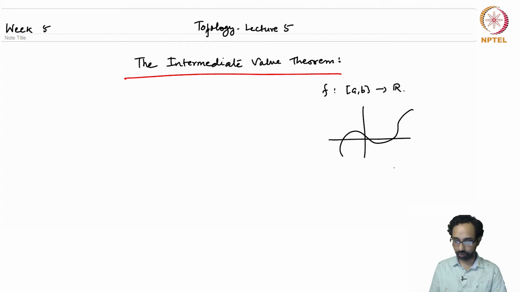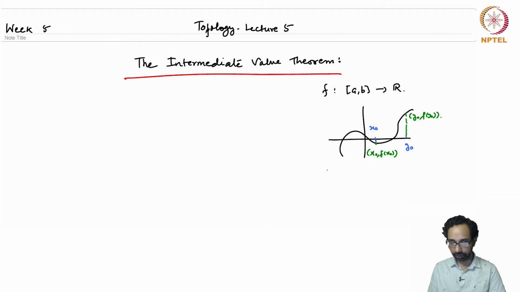Now let us take 2 points, x0 and y0 in R. On the graph you will see a point which is (x0, f(x0)), and here this is (y0, f(y0)).